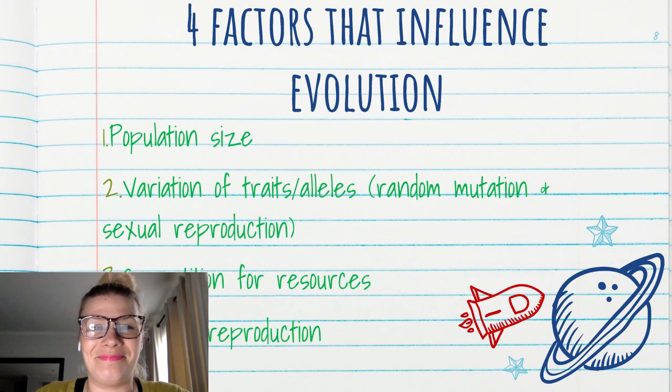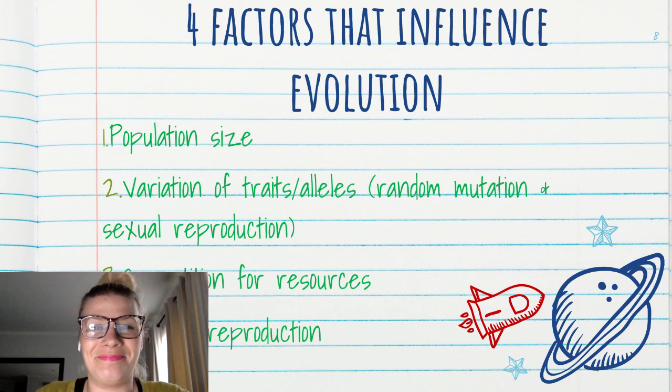Okay, so what are four factors that influence evolution? The first one is population size, the size of the population. And when I say population, I'm talking about the group of animals. The second is variation of traits or alleles. Random mutation and sexual reproduction cause variance.